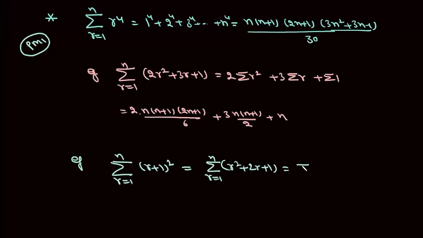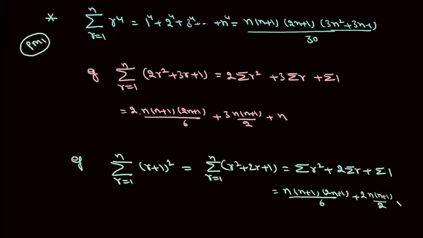So it will be summation r square plus 2 times summation r plus summation 1. Now this is n into n plus 1 into 2n plus 1 whole divided by 6, plus 2 times n into n plus 1 by 2, and plus n. So this is one method of doing it.